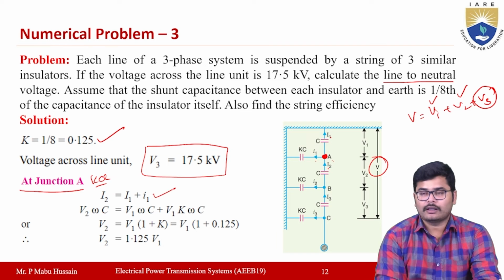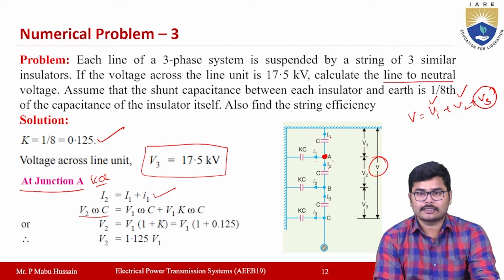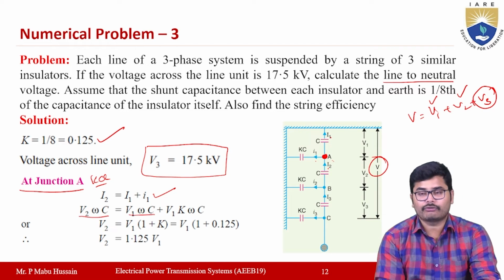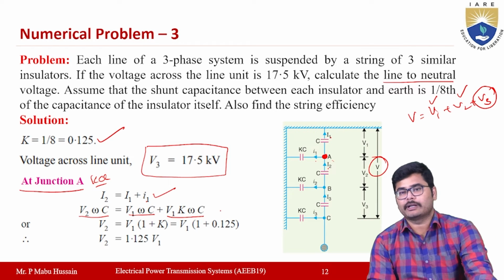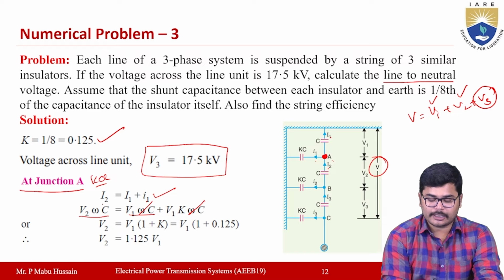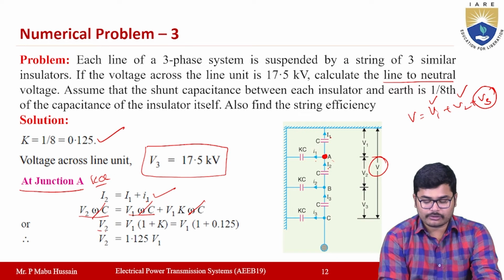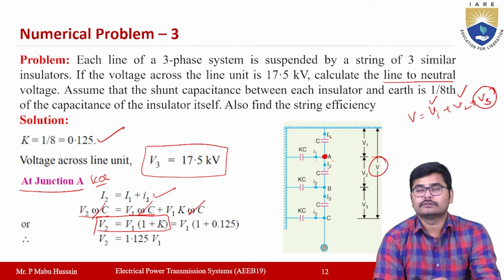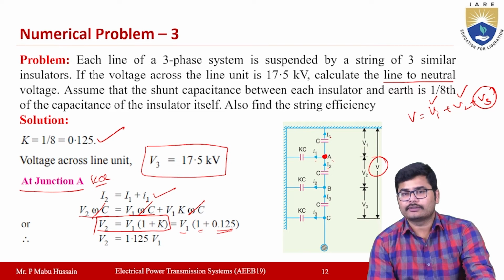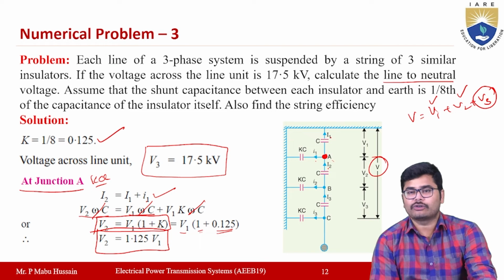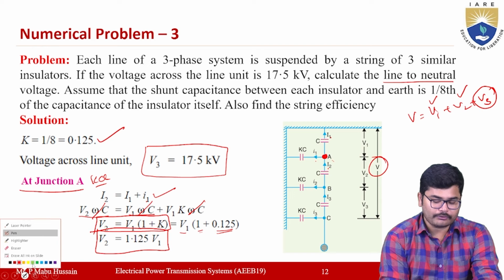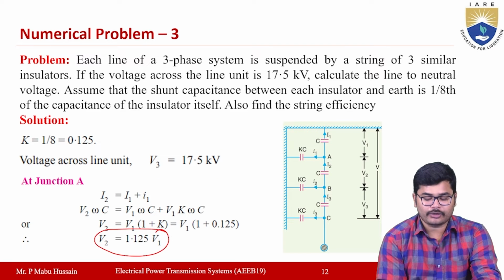Capital I2 is V2 omega C, capital I1 is V1 omega C, and small i1 is V1 into K into omega C. Omega C cancels, then V2 is equal to V1 into (1 plus K), which is V1 into 1 plus 0.125. So V2 is equal to 1.125 V1.